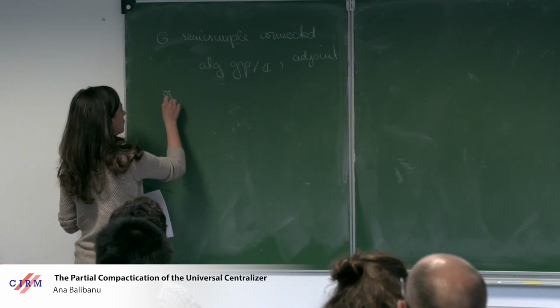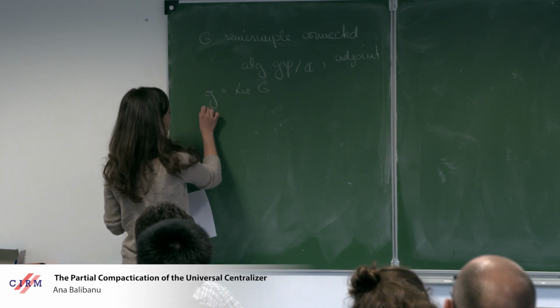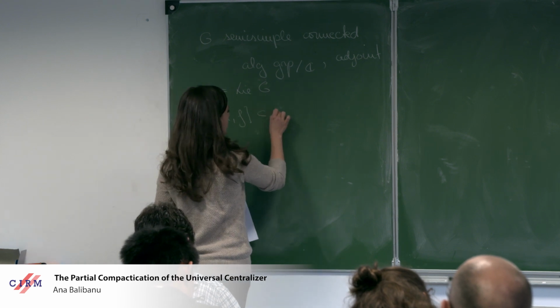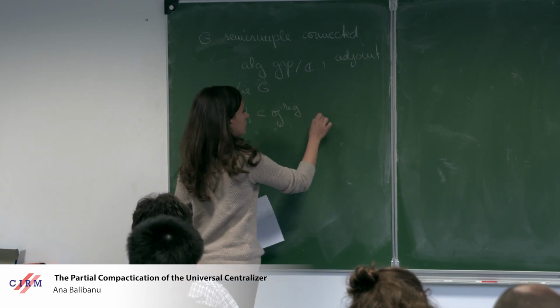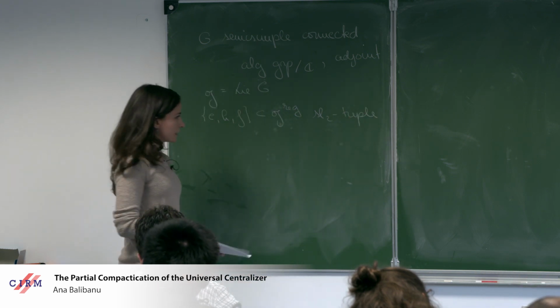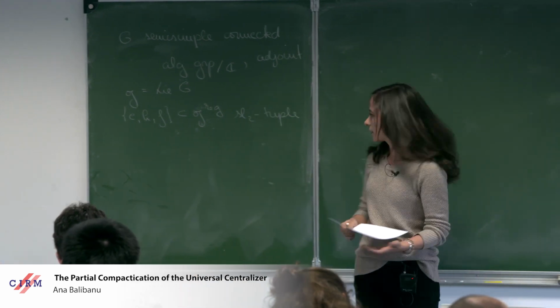And then I'll denote by fraktur g its Lie algebra. And I'll fix, for the rest of the talk, a principal SL2 triple. So this is a triple of elements that generate a copy of SL2 inside G and that are all regular.